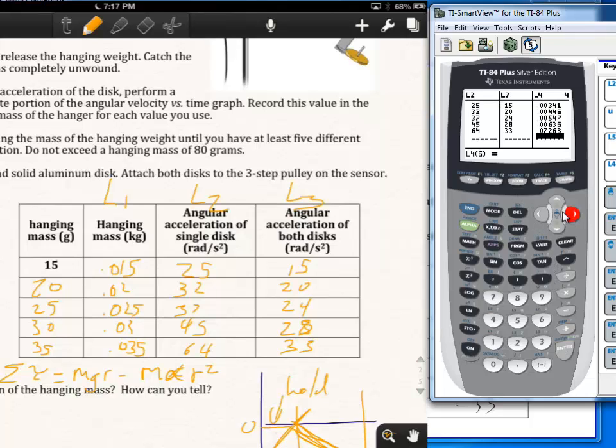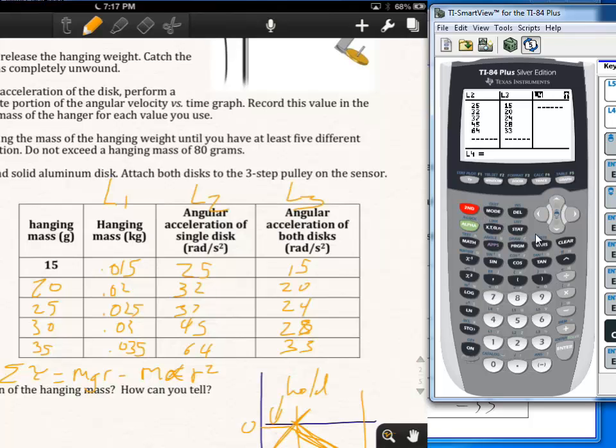So up in L4, I have a whole bunch of numbers. I'm going to clear that out of there. Clear that. And now I'm going to arrow back up to L4, and I'm going to put an equation in there, this mgr equation. So m, which I have in L1, so I need to put in L1.